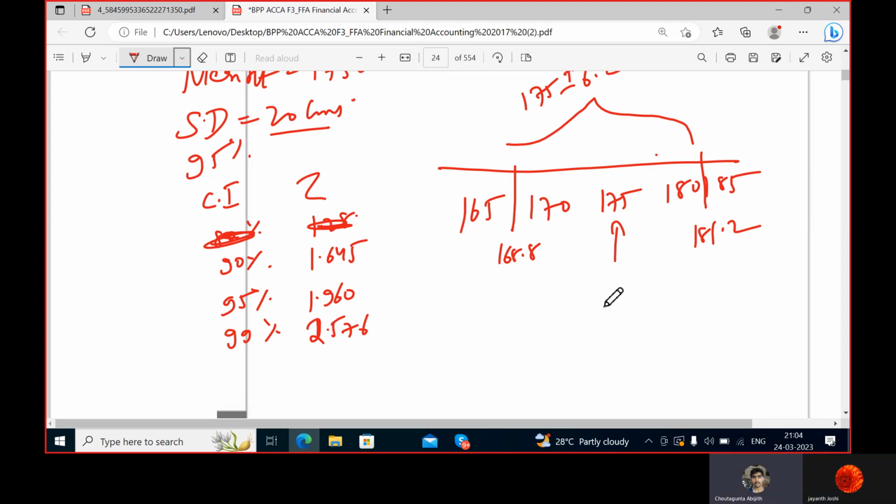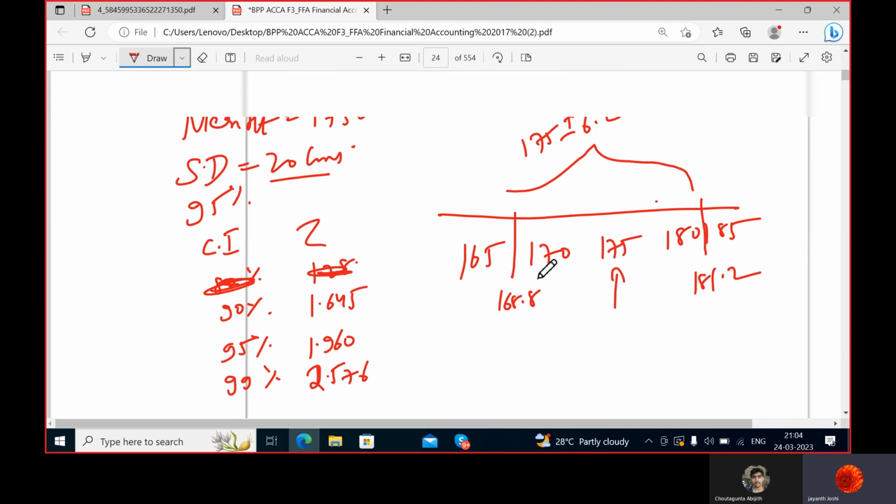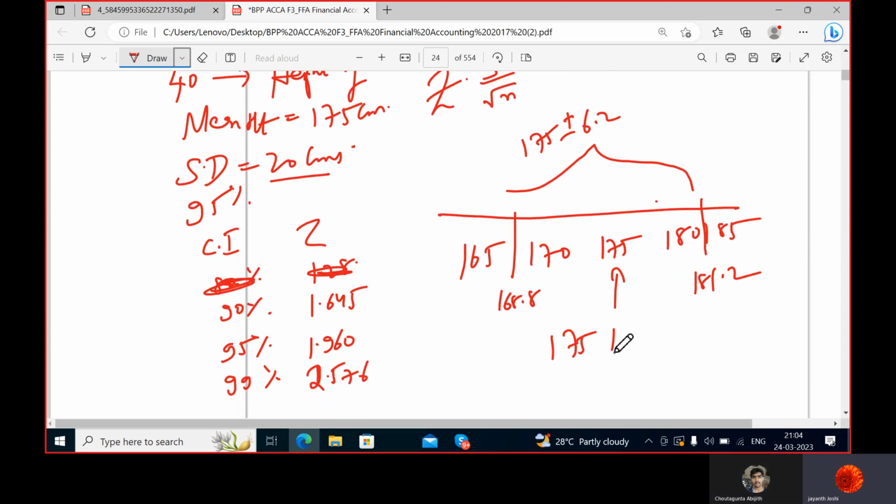Now, we will find out the confidence interval here. 175 is your mean, plus or minus. For 95% confidence interval, we have to take what? 1.960, into standard deviation is 20, divided by how many men we took? 40, root 40. Can you calculate this one? You will get the entire thing as 175 plus or minus 6.2.